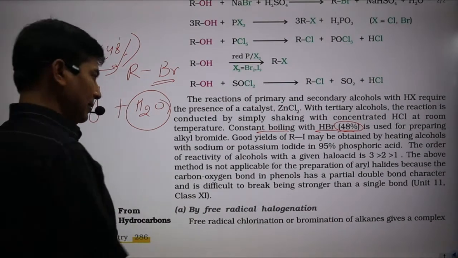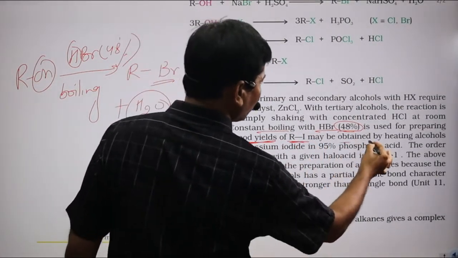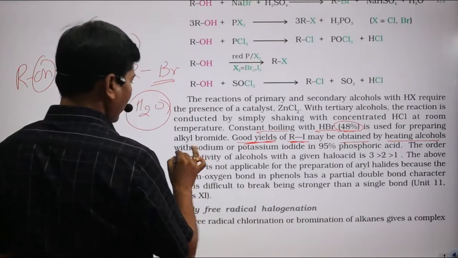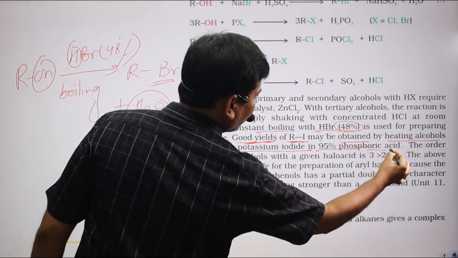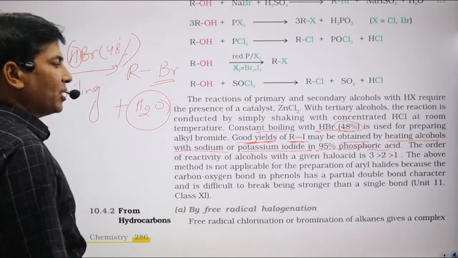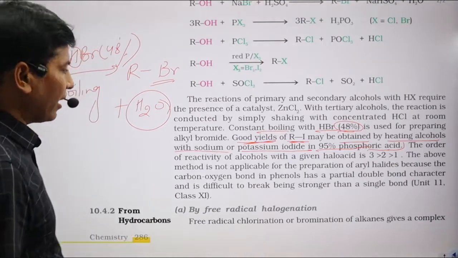Next we have: good yields of alkyl iodide may be obtained by heating alcohol with sodium or potassium iodide in 95% phosphoric acid. Now it is talking about the production of alkyl iodide.